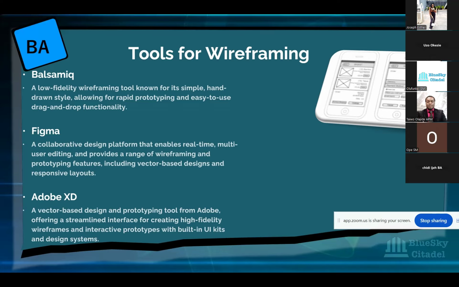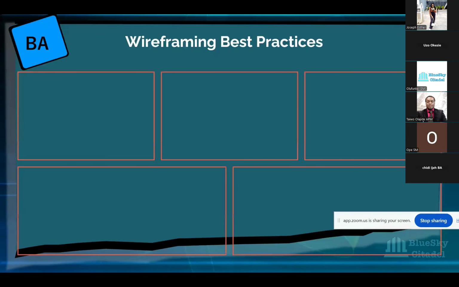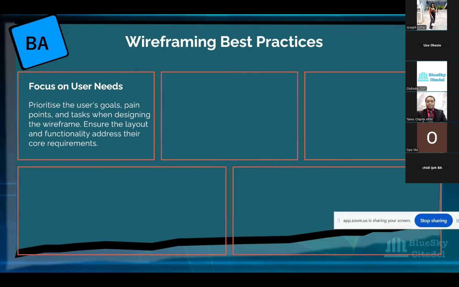Then you have Adobe XD, Sketch, InVision. People use Miro. There are so many tools, right? These are loads of tools that I use for wireframing. But like I said, here we use Balsamiq, and that's what I'm going to show you. I'm going to show you the practical uses of how you use Balsamiq.